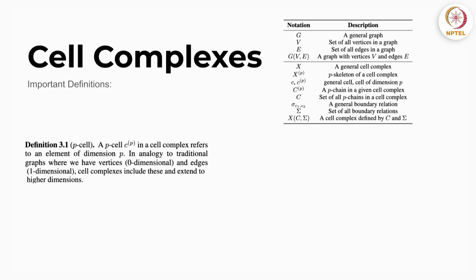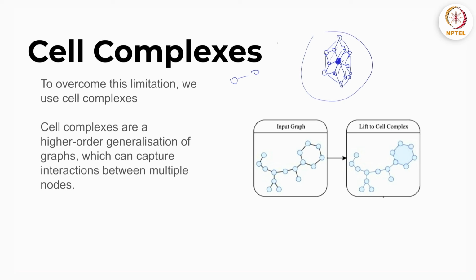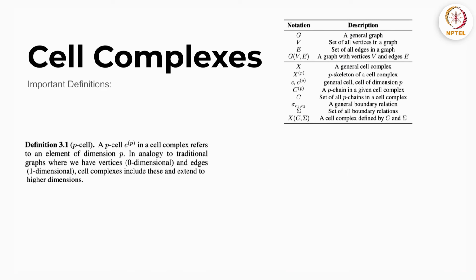To understand various algorithms in our paper, it is important for us to go through some elementary definitions that make up cell complexes. I'll keep using the running example of the hexagon as a cell complex that I've shown here. We first talk about a P cell. A P cell is a fundamental component of a cell complex, and it just refers to a cell of dimension P. In the hexagon that we had, nodes for vertices, edges, as well as faces.